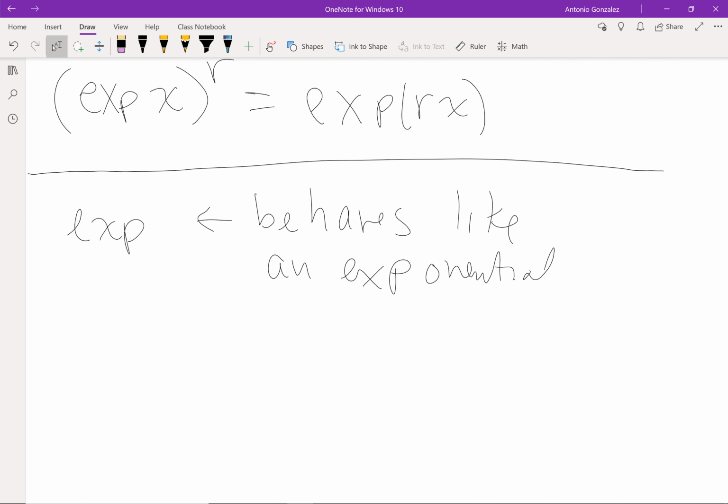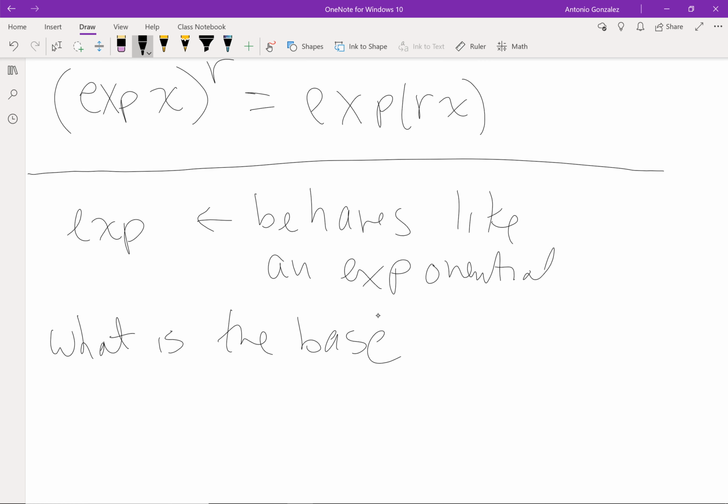But what is the base of this exponential function? Is it 2? Is it 3? Is it some other number?